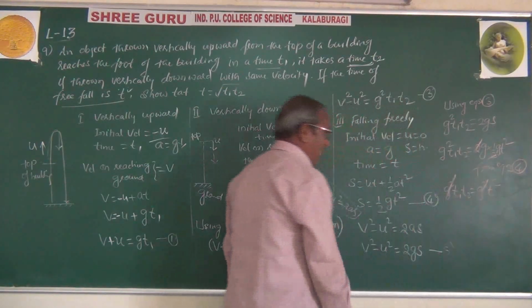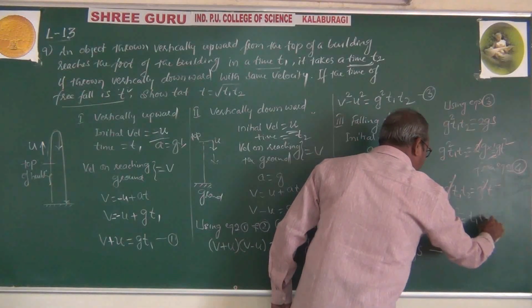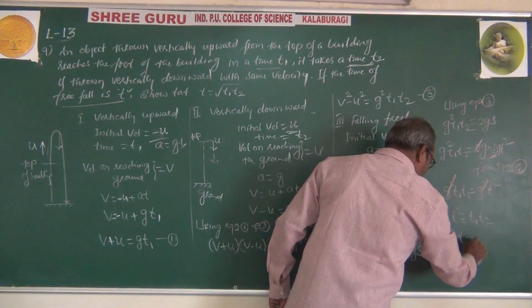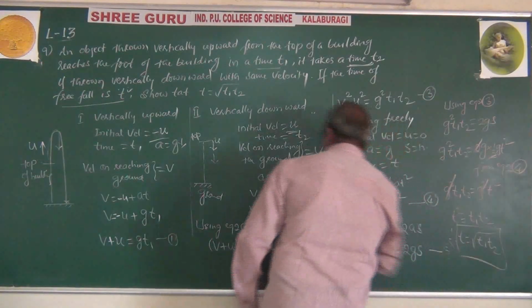G square cancels, so t square equals t1 t2. Therefore t equals root of t1 t2. Hence this is the equation.